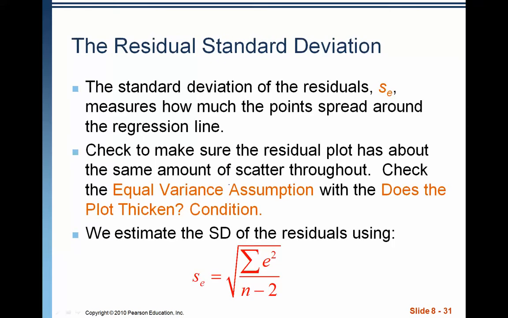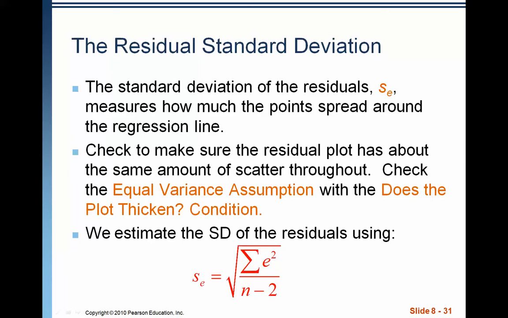So what we can do if we want to measure that difference is look at the standard deviation of the residuals list. That is denoted as S sub E, the standard deviation of the residuals. That is going to measure how much the points spread around the regression line.